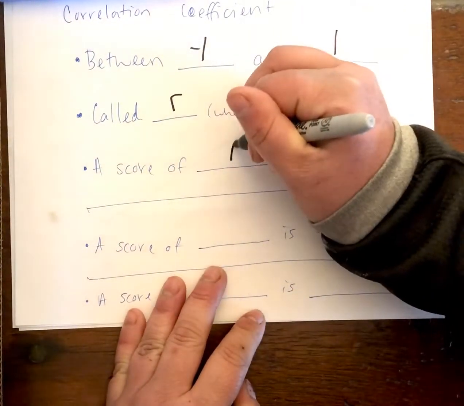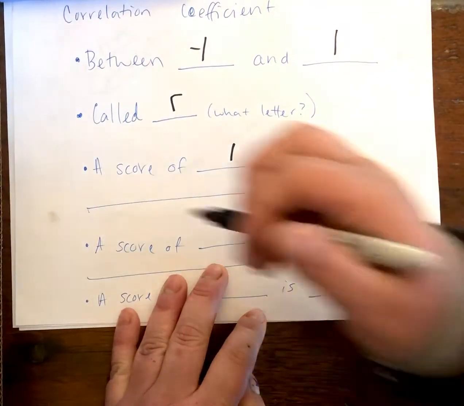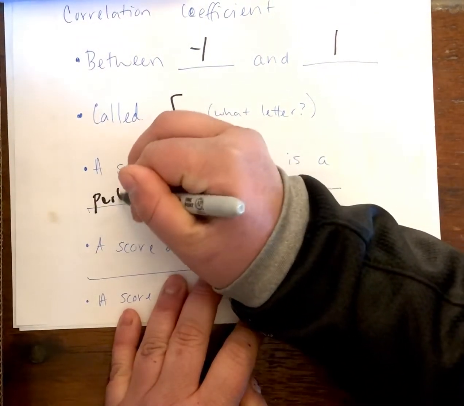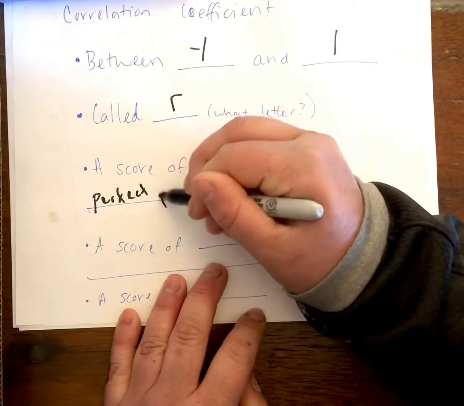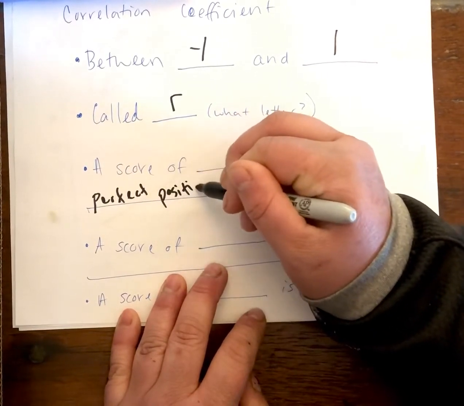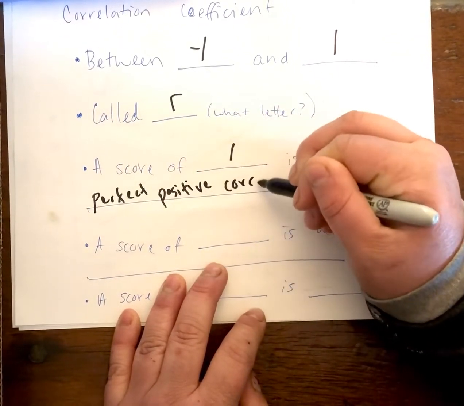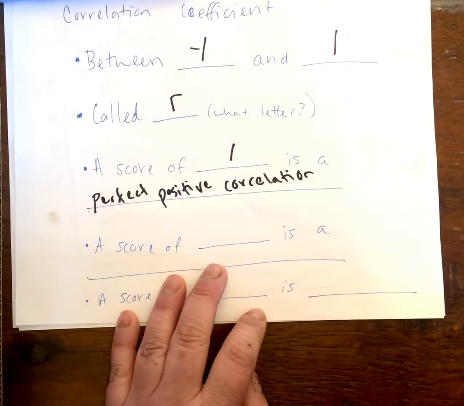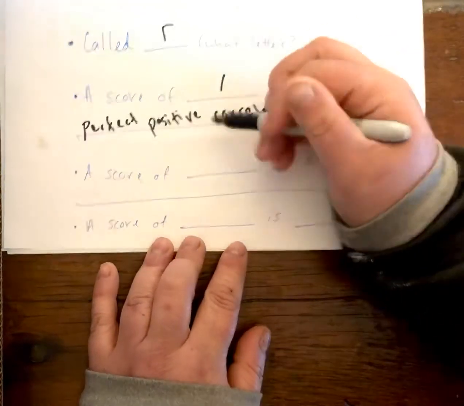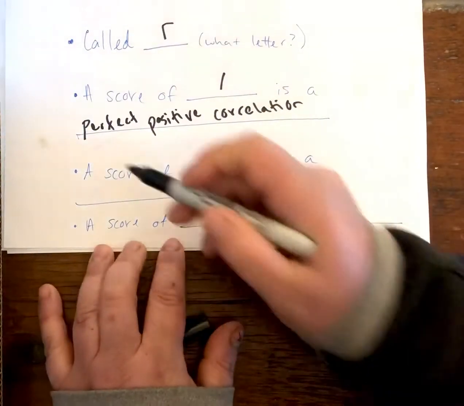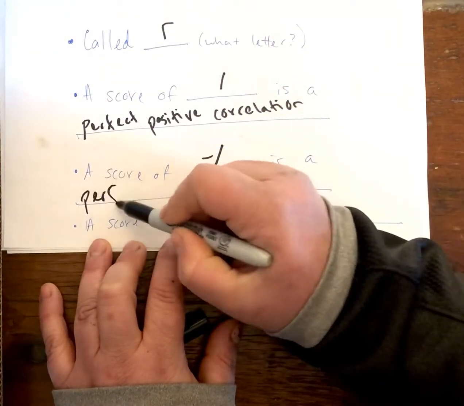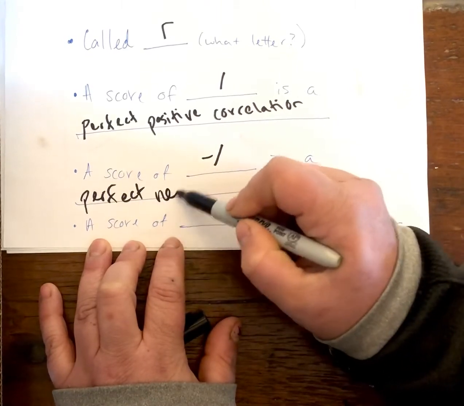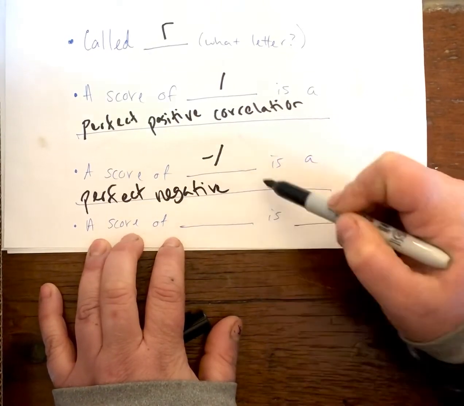A score of +1 is a perfect positive correlation. That means if the x variable increases by 1, then the y value increases by 1. A score of -1 is a perfect negative correlation.